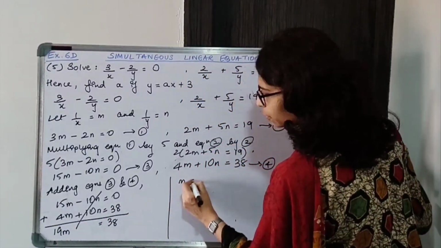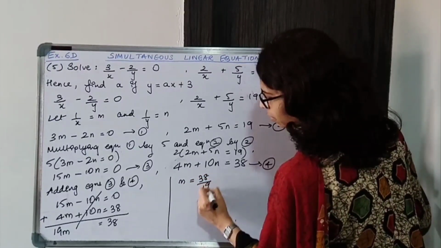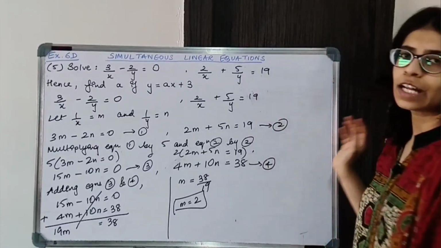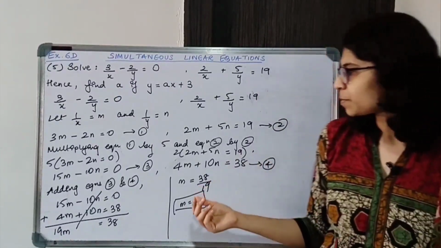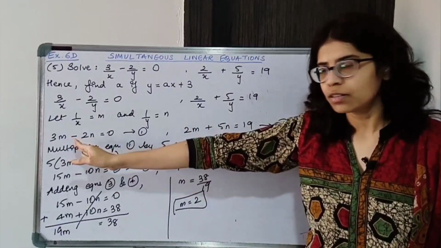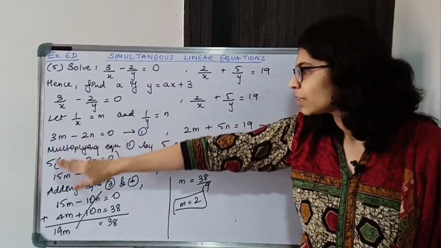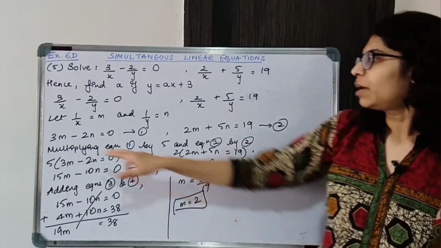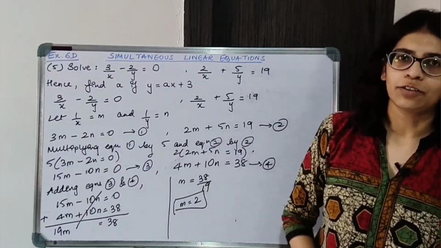So the value of m will be 2. 38 upon 19 gives 2. Now we need to find the value of n. So substitute the value of m in 1 or 2. We have smaller numbers over here, so I'll substitute in 1. You can also substitute in 3 or 4, does not matter. But I'll substitute in equation 1 and find value of n.